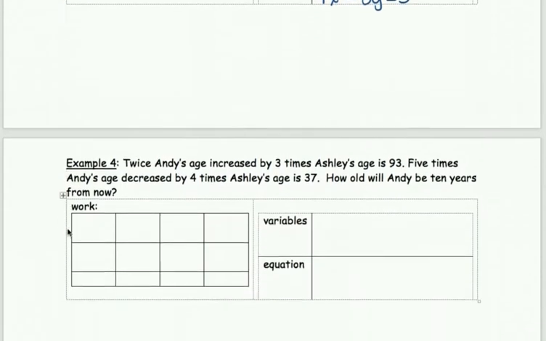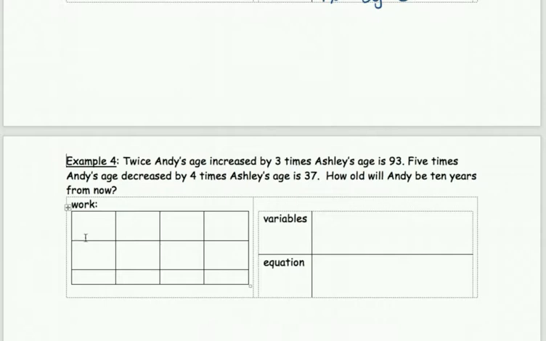So we have an age type question. Still dealing with numbers here, but specifically ages. Read through and make a decision on what information you have here. We have Andy and we have Ashley.